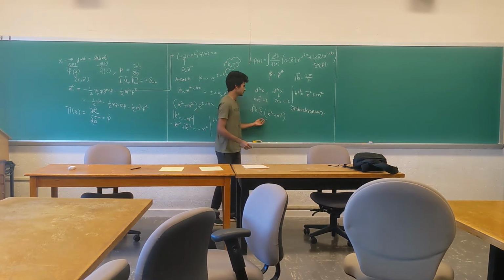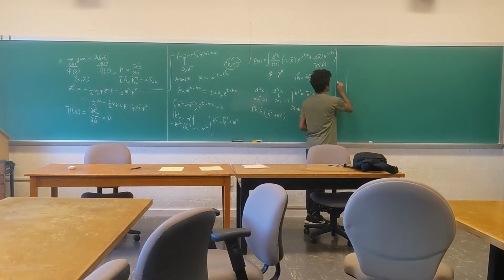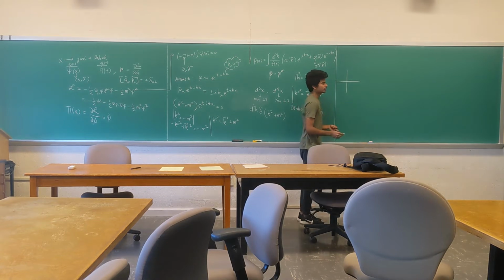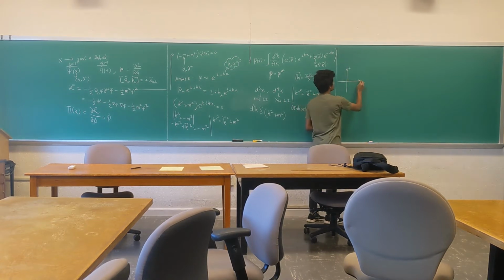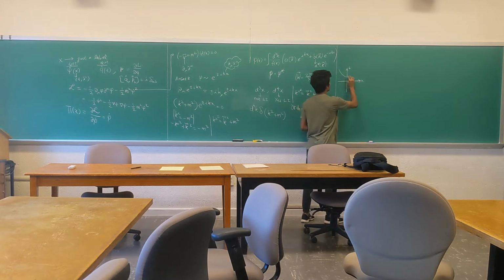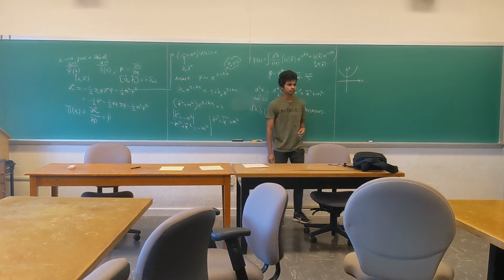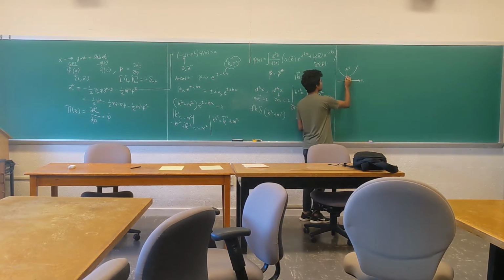This means that if we are doing a Lorentz transformation, the picture looks like this. This is event number 1, this is event number 2.